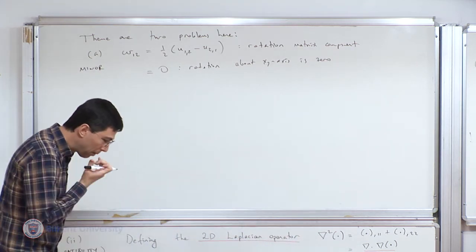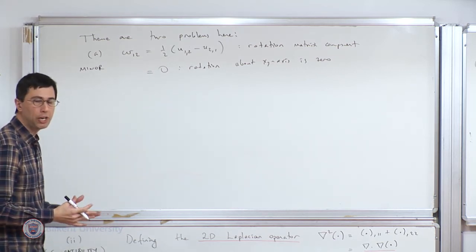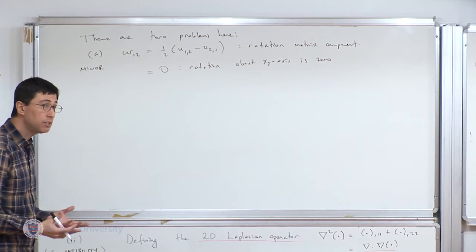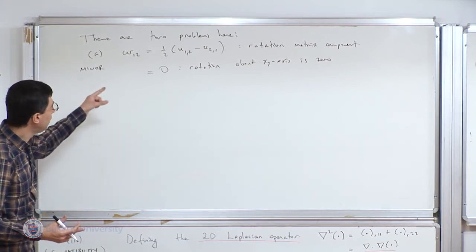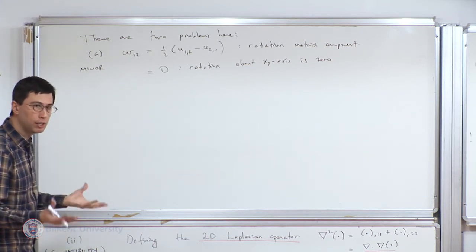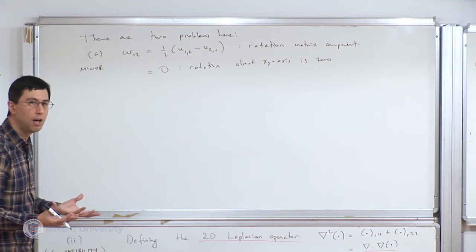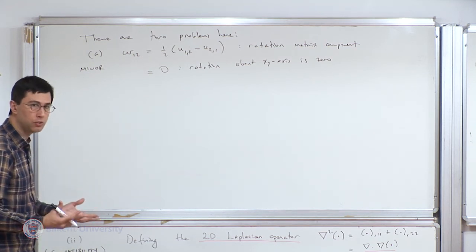Now, it might turn out that in our problem, rotation about the x3 axis is indeed 0. But the minor problem here is that functionally, my solution should permit small rotations. I do not want large rotations, they are not allowed.